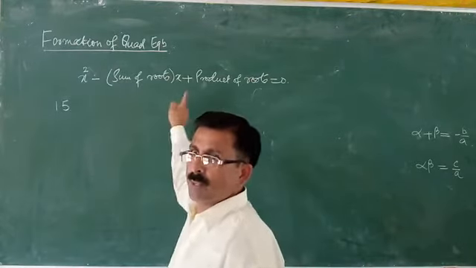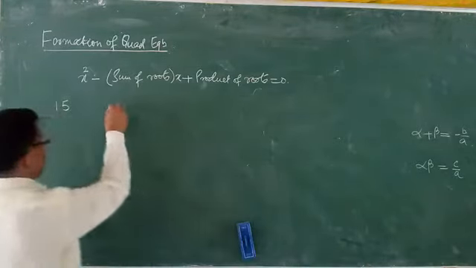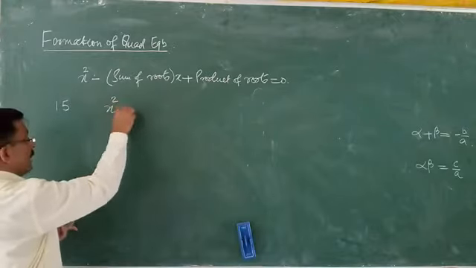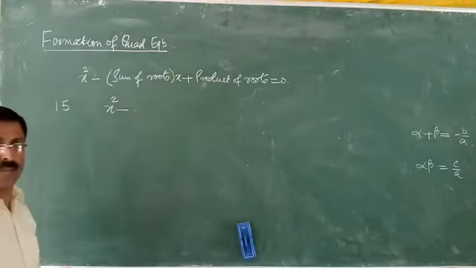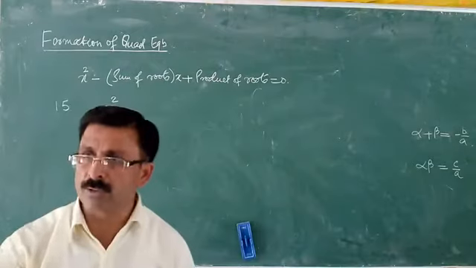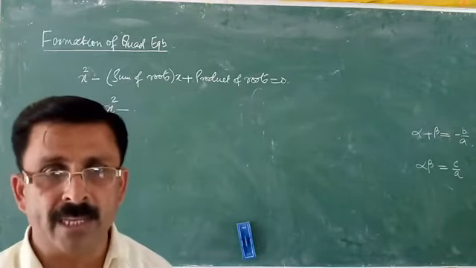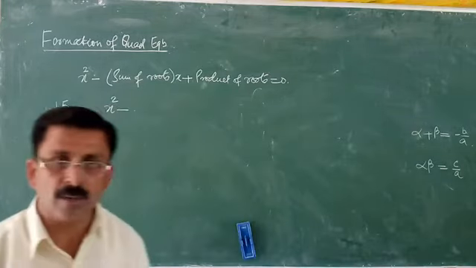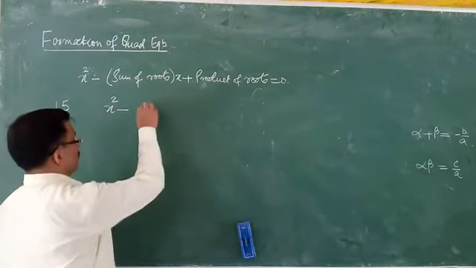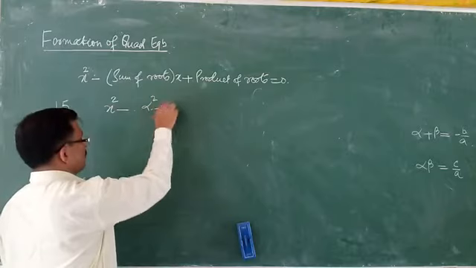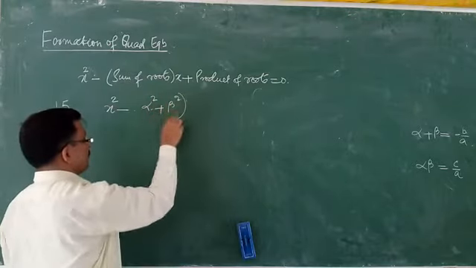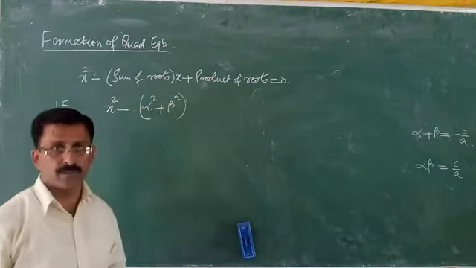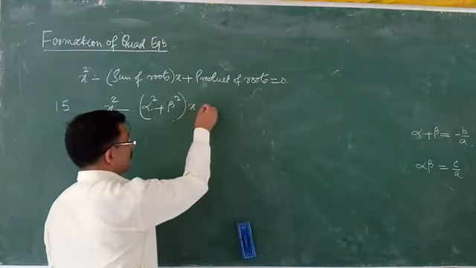When you write the quadratic equation, you have to use the same format. So your equation will be x square minus the sum of the roots. Because the roots of the equation you are going to calculate are alpha square and beta square, how will you write the sum of that? Alpha square plus beta square. Very good. This becomes your sum of the two roots, and then into x plus.